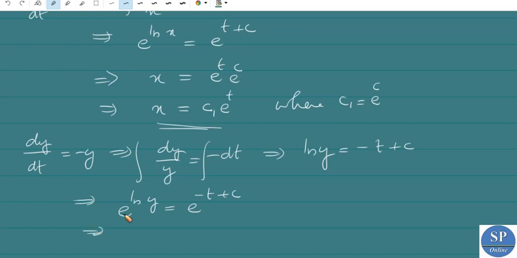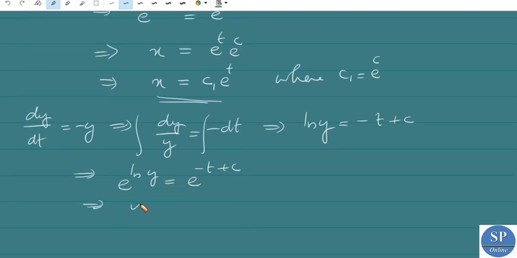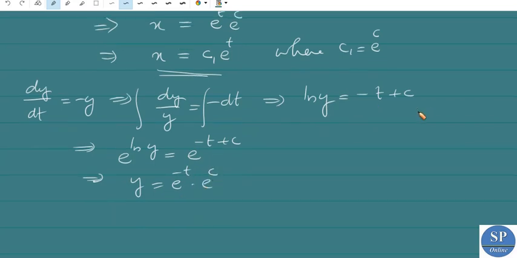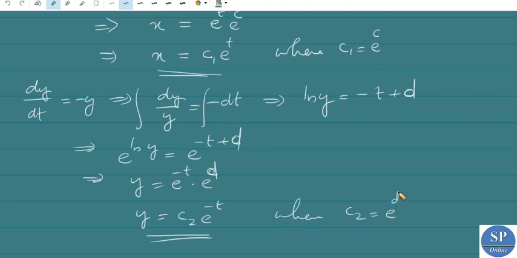As in the previous case, y is equal to e power minus t into e power c. Taking e power c as another constant, y equal to some c2 into e power minus t, where c2 is the constant e power d. So we have x equal to c1 e power t and y equal to c2 e power minus t.